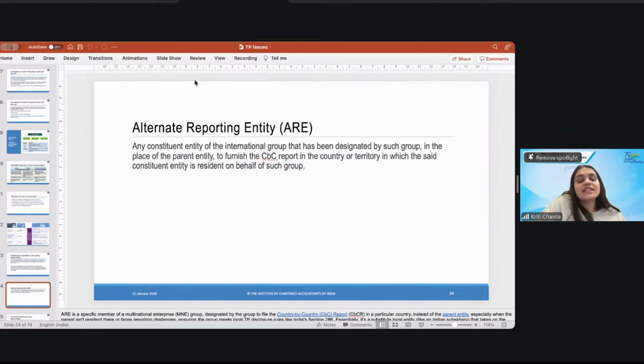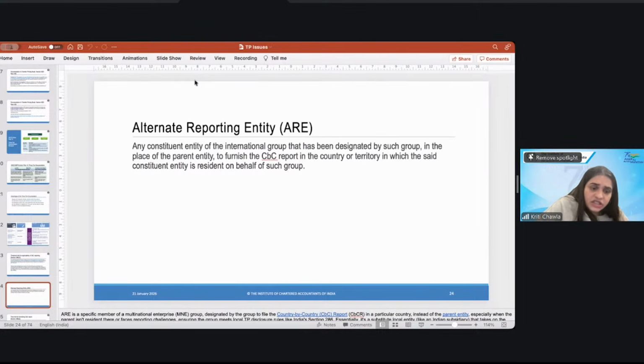What happens is that there is, let's say, a multinational group, and they have a parent entity, but then the parent entity is not filing the CbCR for many different reasons. Let's say the parent entity is resident in a place where they have not complied with CbCR, they have not incorporated CbCR, or they face some reporting challenge, or there is some issue or the other.